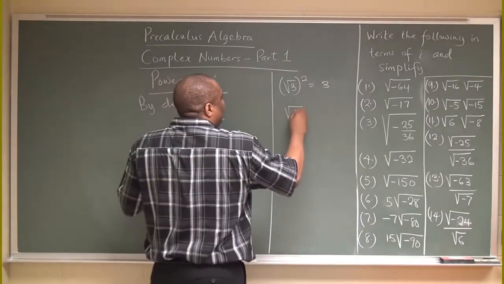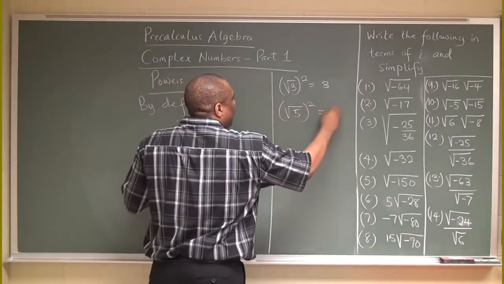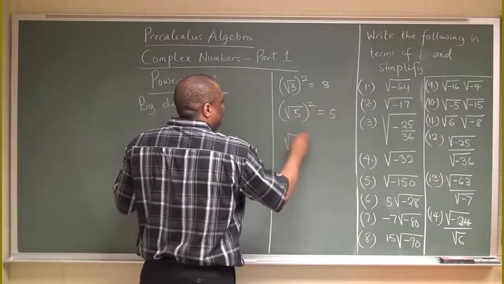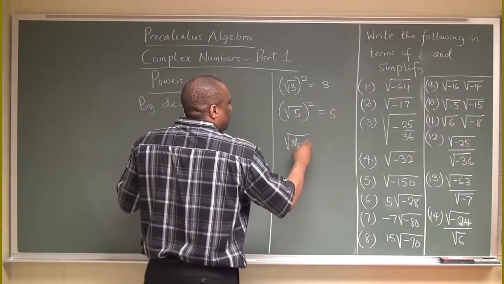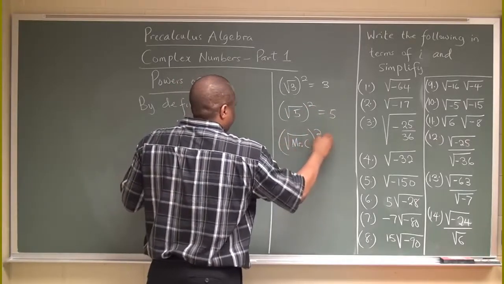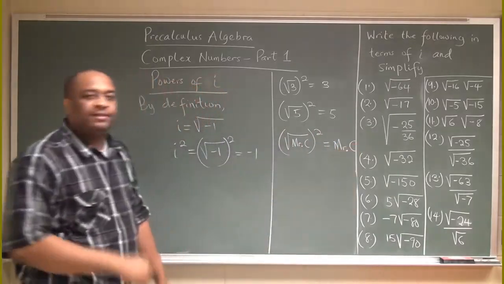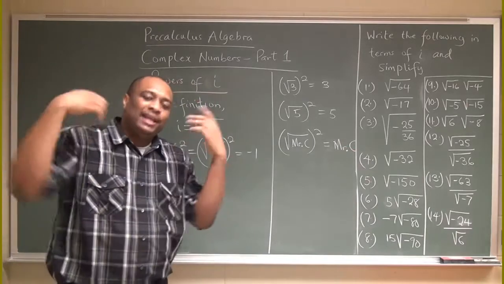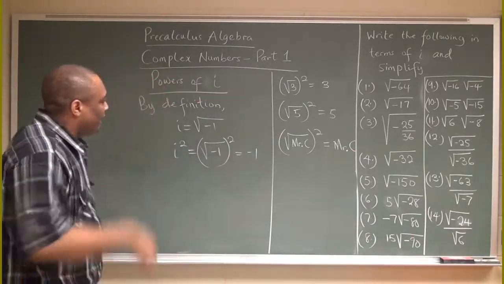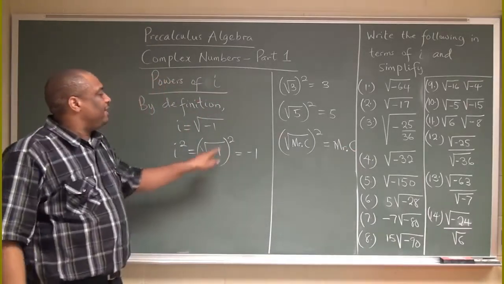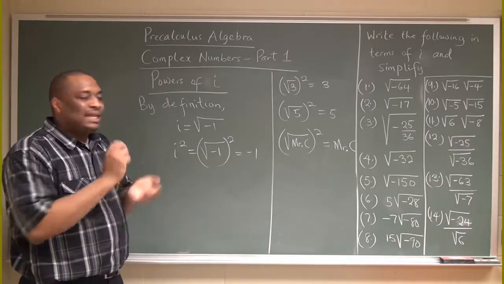Square root of 5 all squared gives you 5. Square root of Mr. C all squared gives you Mr. C. Square root of sum done for peace all squared gives you sum done for peace. Okay, so now i squared is square root of negative 1 all squared, which is negative 1.